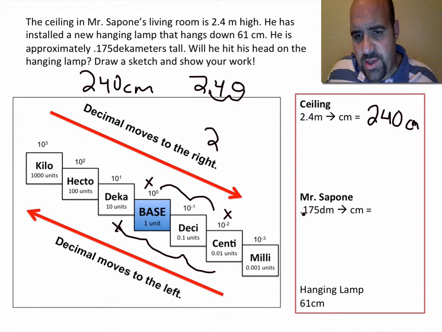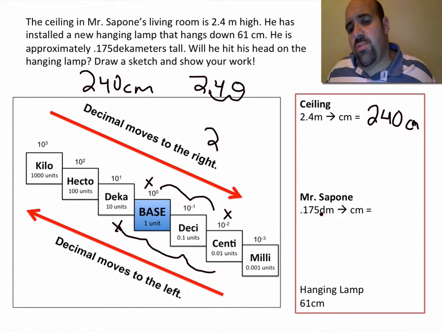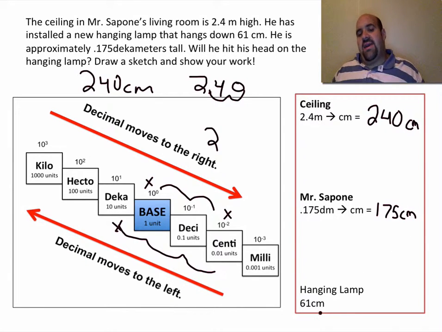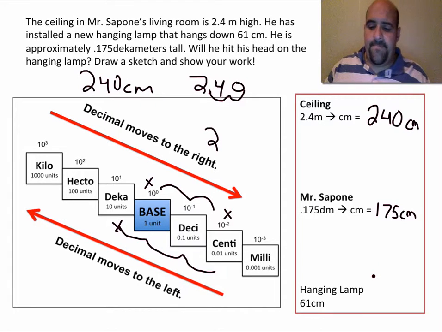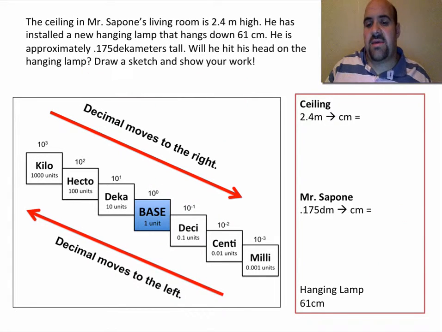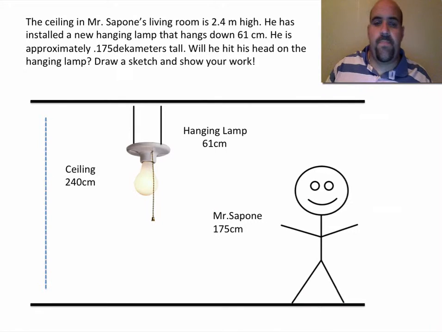So this decimal right here is going to go over 1, 2, 3 places to right there. So 0.175 decameters is 175 centimeters. And of course the hanging lamp is 61 centimeters. So we know all three values, and now all we have to do is compare them.